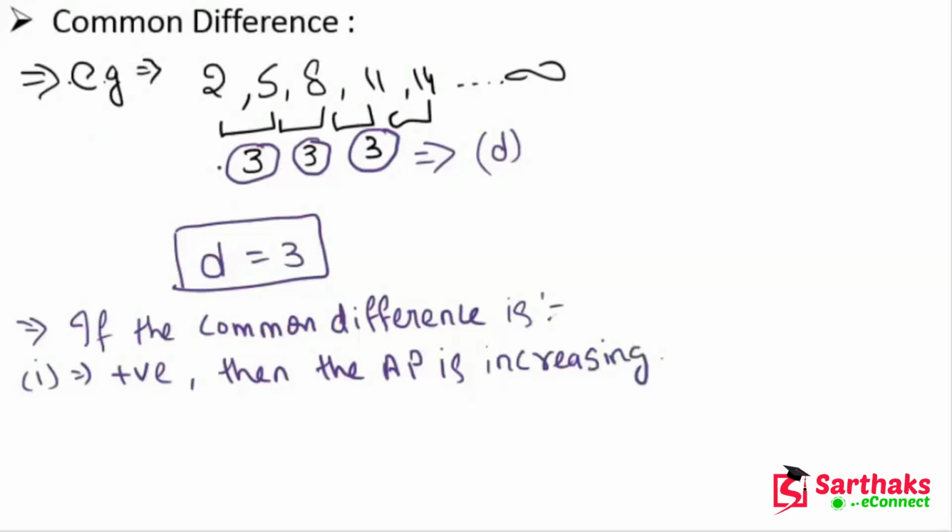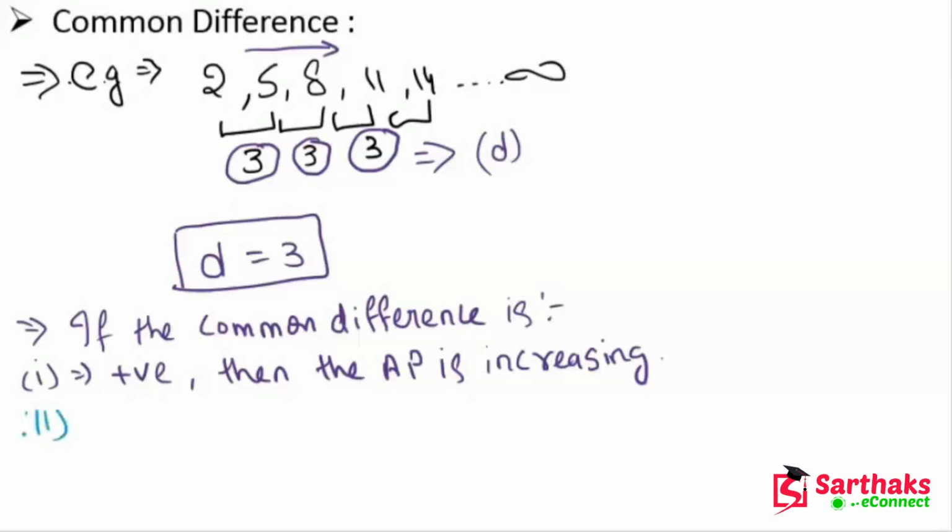In this case you can see that d is 3, which is positive, and the AP is continuously increasing: 2, 5, 8, 11, 14, and so on. Okay, my dear friends, I hope you understand this. If the common difference is positive, then the AP is increasing.